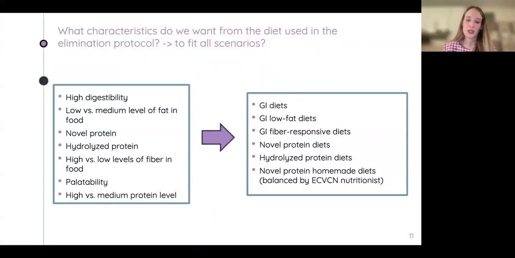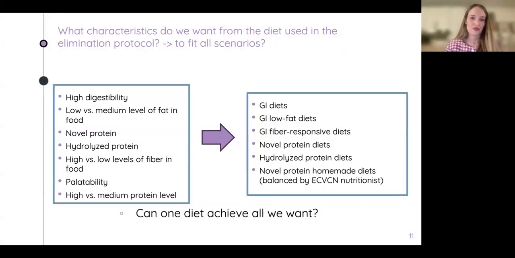Normally this could be achieved if you are working with a nutritionist, especially one that is boarded by the European College of Veterinary and Comparative Nutrition, or a resident would also normally be able to formalize such a feeding plan. It's not an option that is always available for everybody in the world, so this is quite rare where we are going to use this modality.